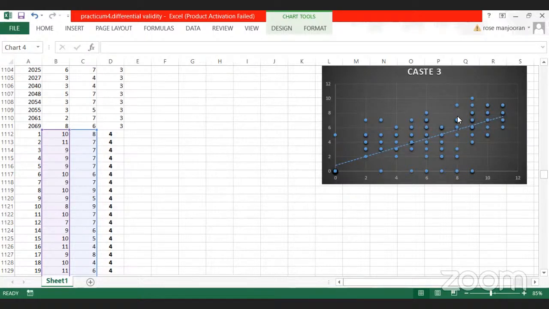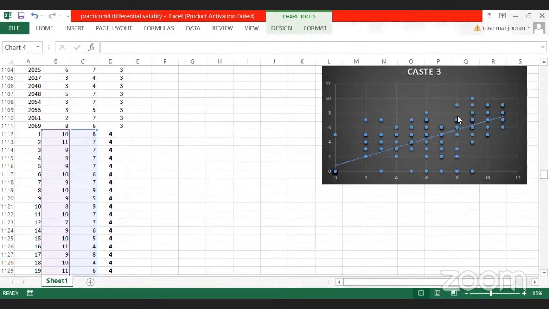Anu? Yes, sir. Why is it called the best fit line? Because the line indicates that the data should be like that. Data should lie on that axis, with respect to both of these axes.